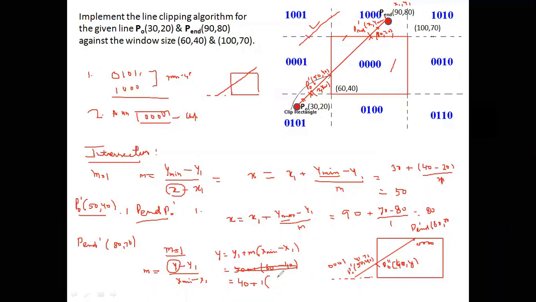X min is 40, and x1 is 50. Fine, now it is correct. Now what will be the value? That will yield 40 minus 10, that is 30.